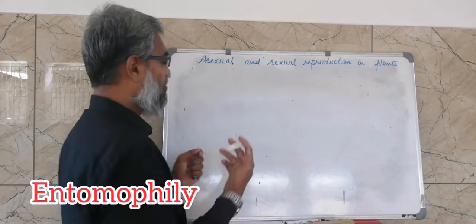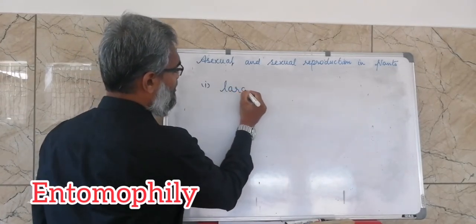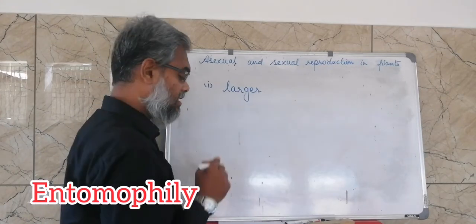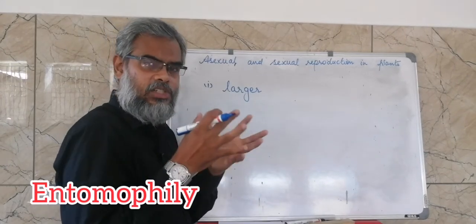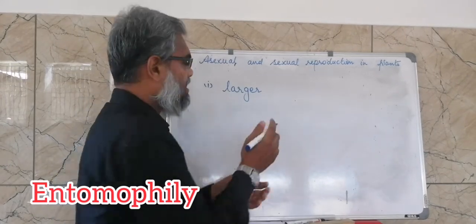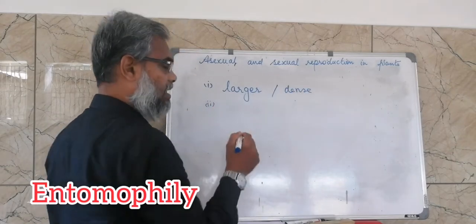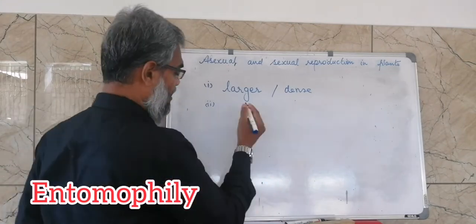How should the flowers be? The flowers should be larger in size. That is one thing. And the florets should be densely arranged like Asteraceae. Large and dense, because it should be bigger, then only the bees can come.